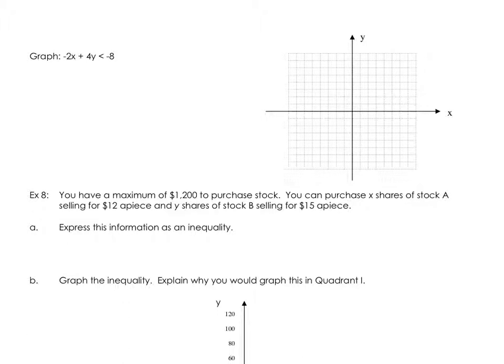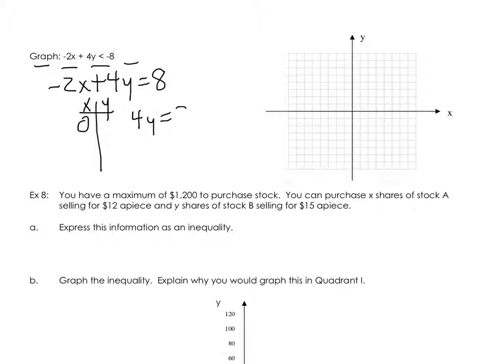Let's graph negative 2x plus 4y is less than negative 8. This is going to be a broken line. The boundary line will not be part of the solution. How do we graph negative 2x plus 4y equal to 8, our boundary? It's in general form, so I like to use the intercepts. Let's let x be 0. If x is 0, we get 4y equals 8.